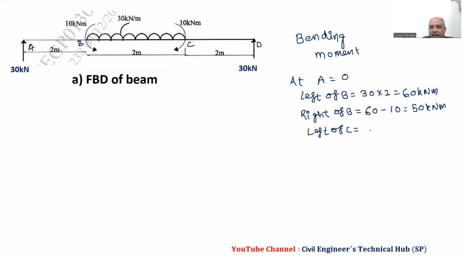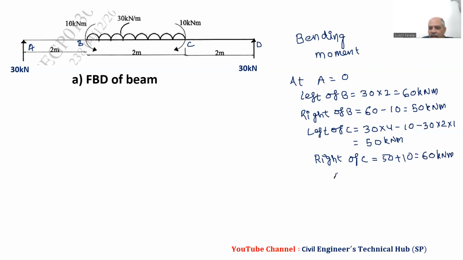Left of C, we have 30 into 4 minus 10 minus 30 into 2 into 1, so 50 kilonewton meter. Then right of C, we just add 10 because it is clockwise now, so 50 plus 10, 60 kilonewton meter. And at D, we have 0.